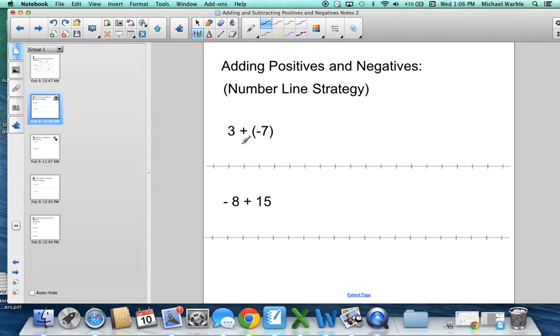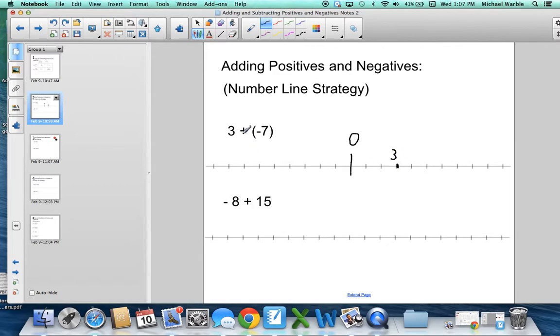But if we don't have it, it's always good to establish where your zero should be. If I have a positive 3 and a negative 7, I'm going to put my zero right smack dab in the middle. And then I'm going to count up, and I start with my positive number. I'm going to go to 3, and so here's my 3.